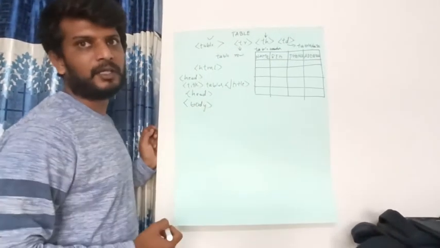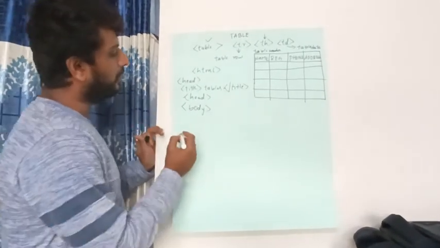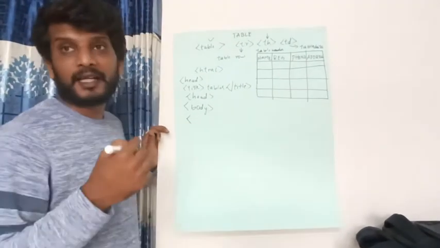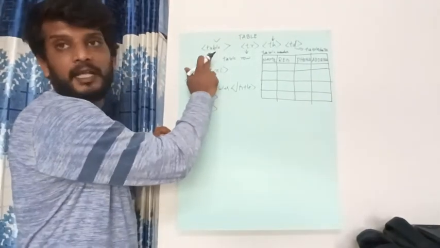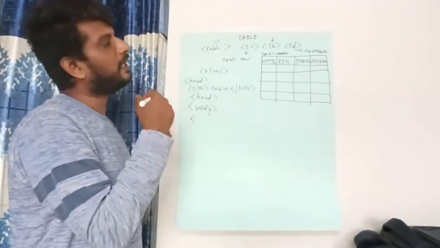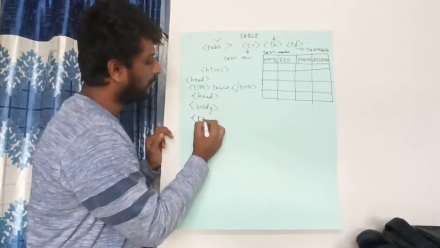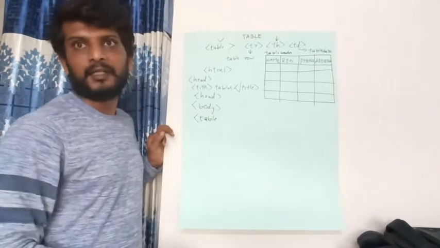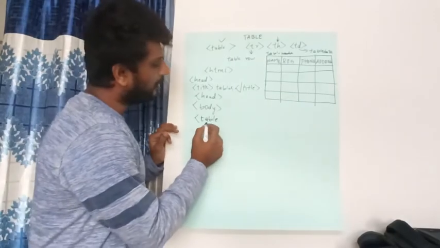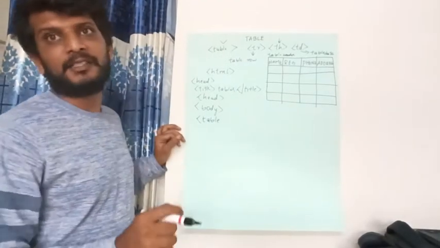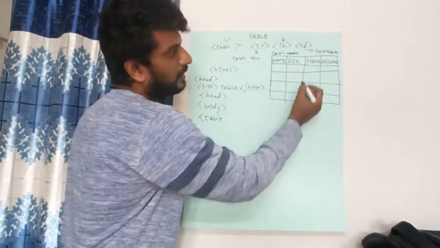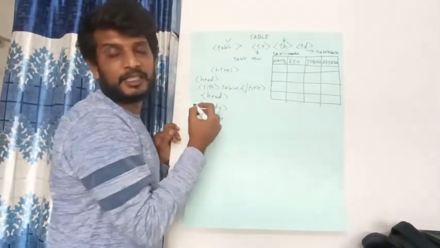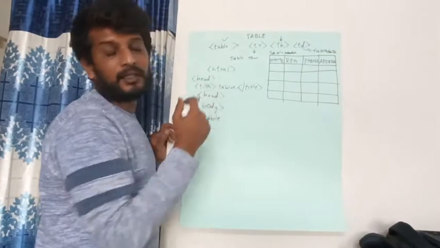Now coming to the next tag, the body tag. Within the body tag, for creating the table, you need to make use of the table tag. The first tag while you create a table will be the table tag. Whenever you are using the table tag, you have to specify the border, so that the rows and columns you are creating appear in the browser.